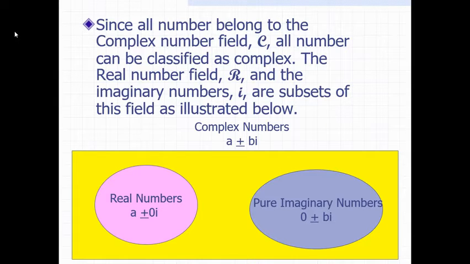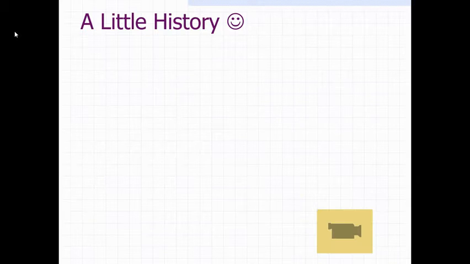The real number field R and the imaginary numbers I are subsets of this field as illustrated below. So you have all your real numbers, a plus no imaginary part, and then you have your pure imaginary numbers, 0 plus or minus bi, the imaginary.